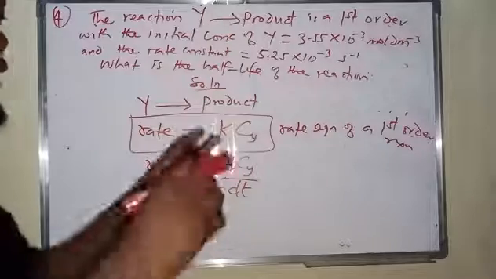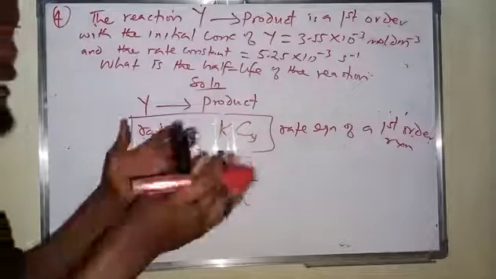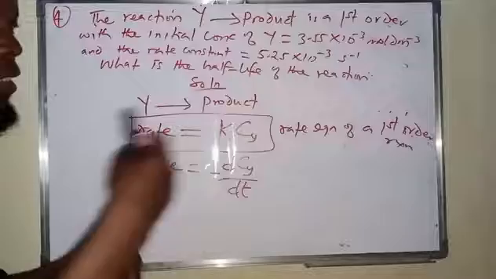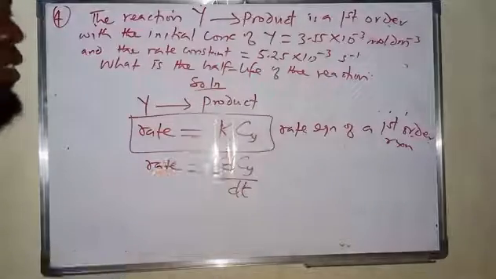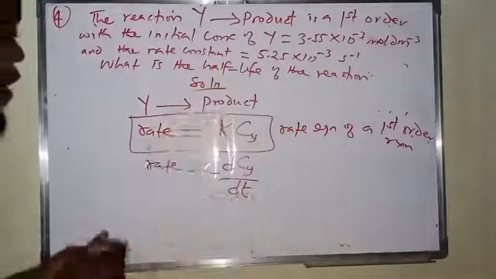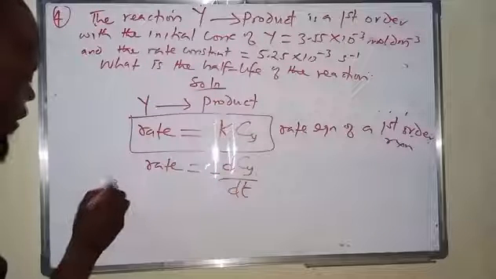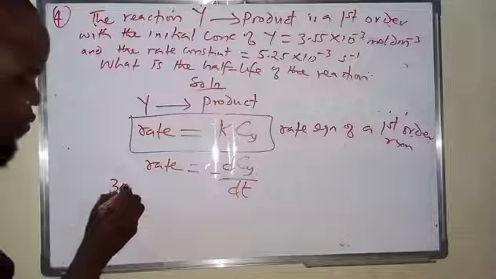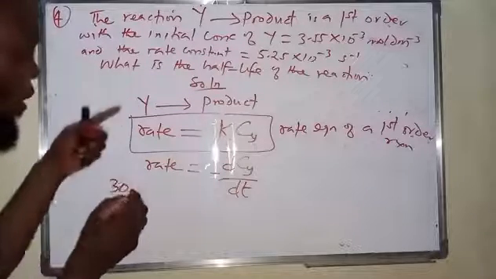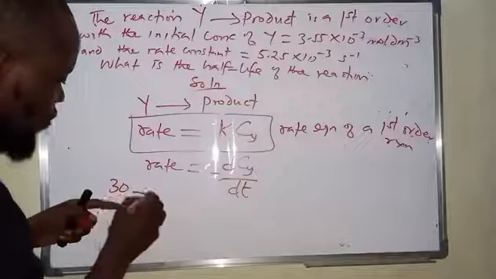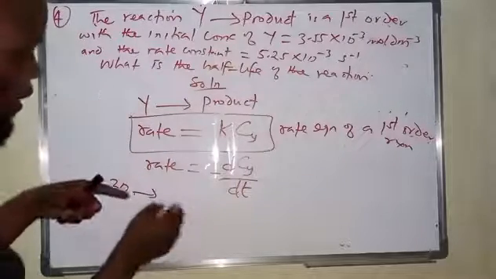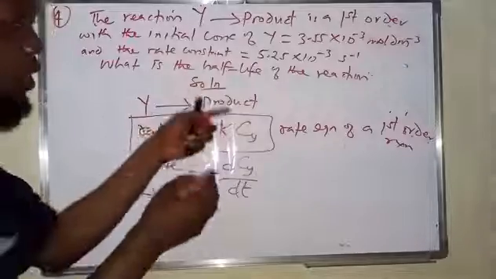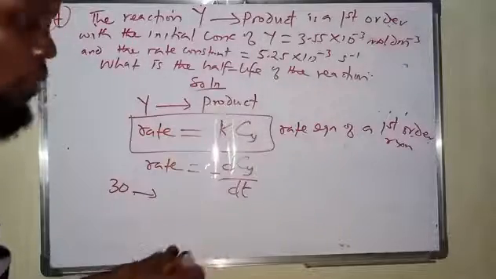Because the reactant species disappear while the product species get formed. If you are starting with, let's say, 30 quantities of Y, because of the reaction the concentration of Y will be decreasing, while as product is being formed, the concentration of the product is building up.